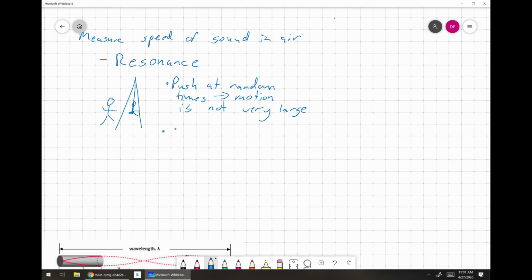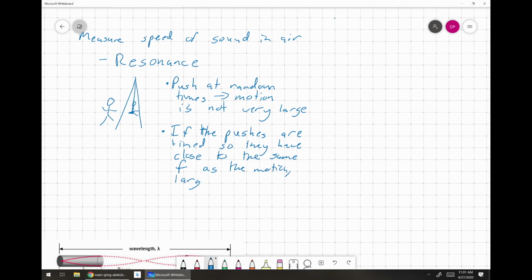But if the pushes are timed so they have close to the same frequency as the motion, you can get large swings.